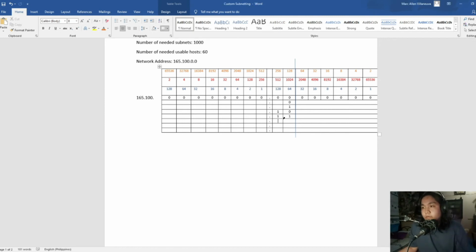Since we already stopped at 11 or the tenths, we need to proceed to hundreds. So we're going to make that 1 0 0. Next, it will be 1 0 1. The next will be 1 1 1. So we have already reached 11 again.